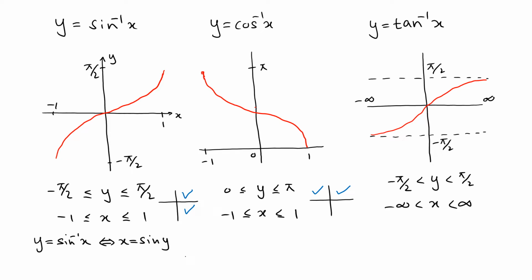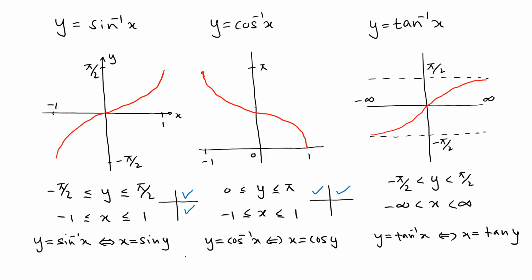Again, y equals cosine inverse x if and only if x equals cosine y, and you want to make sure that y is inside this special range. And for tan, we have y equals tan inverse x if and only if x equals tan y. So tan is easy, but for the other two you have to be careful to make sure y is in the proper range.